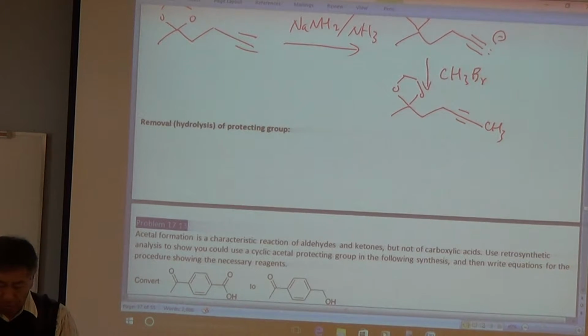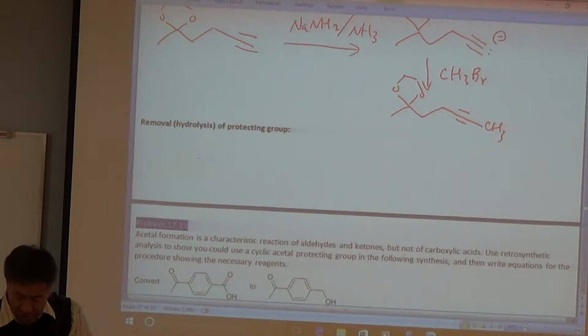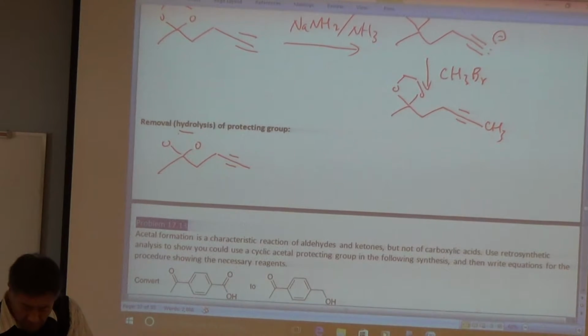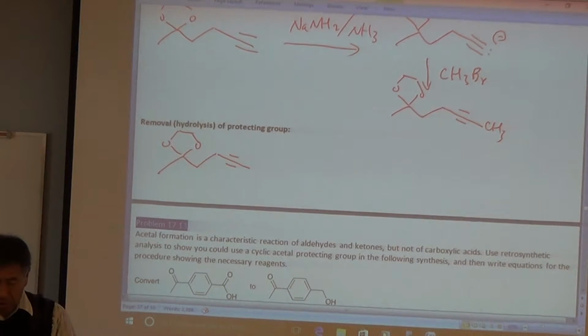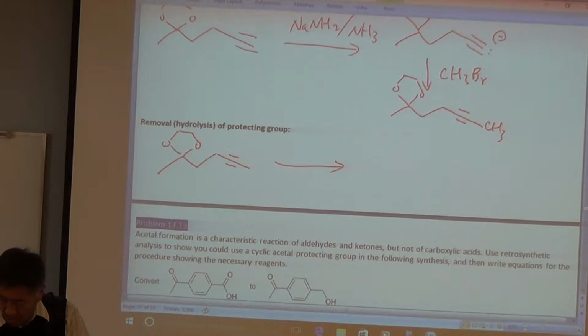Now to remove this protecting group, this acetal, let's redraw it here. This time, I don't have to spell out the CH3. If I leave the line like that, it means CH3. So let's see, adding water and HCl. HCl is an acid.